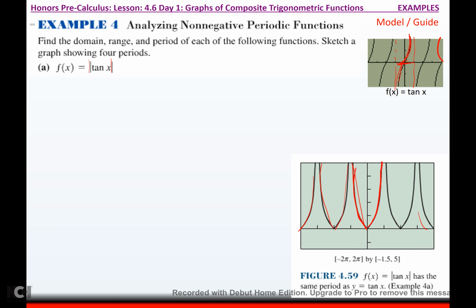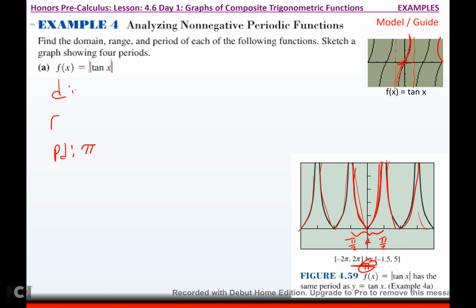We finish a section, or a period, because here it starts repeating. So from here to here is a period, which from negative pi over 2 to 0 to pi over 2 would be an interval of pi. So we need domain, we need range, and we need the period. The period is pi, just like tangent is.